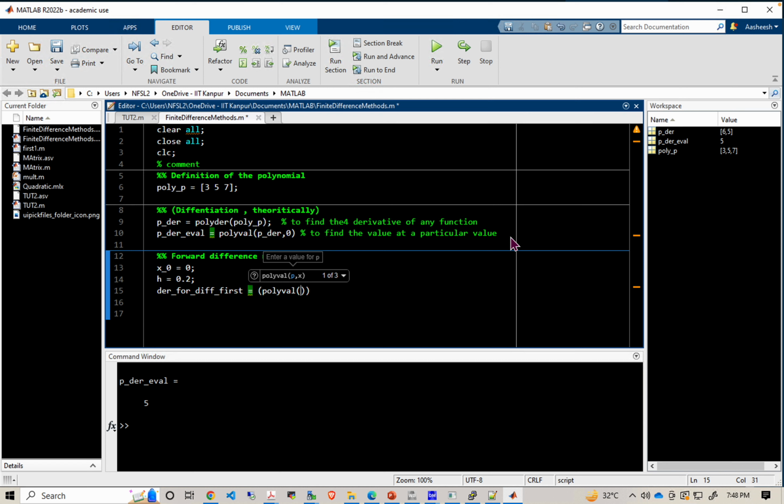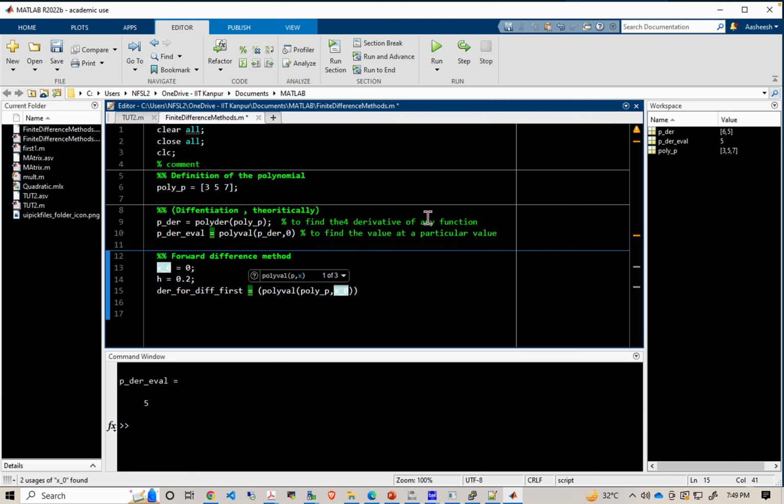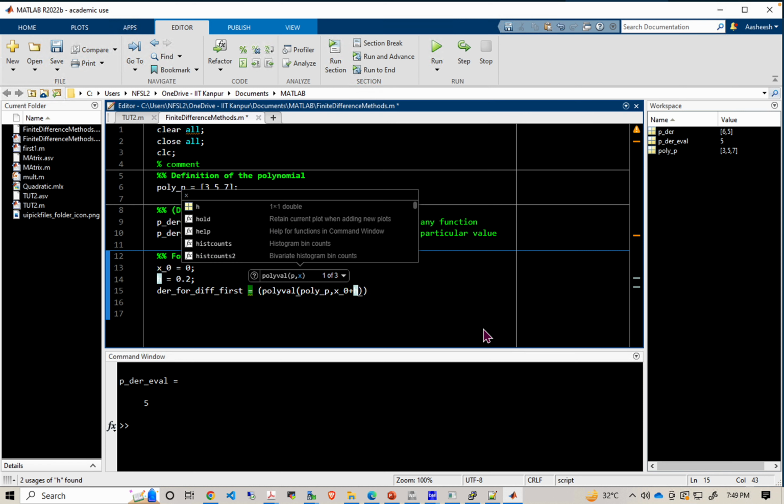So I am writing polyval of poly underscore p at x0, which is 0, plus h. So this is f of x plus h.